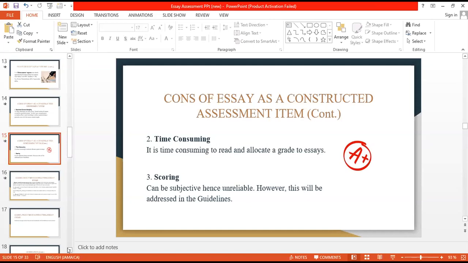So for instance, if a teacher has a high school English class, then sometimes a class, depending on the high school, could have an average of probably 40 students to one teacher. And that one teacher has to mark all those essays and grade all those essays within a particular period of time. So that's one of the drawbacks to essays.